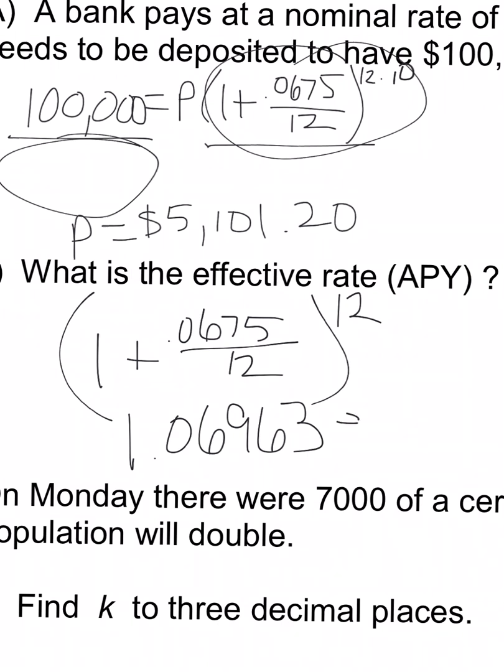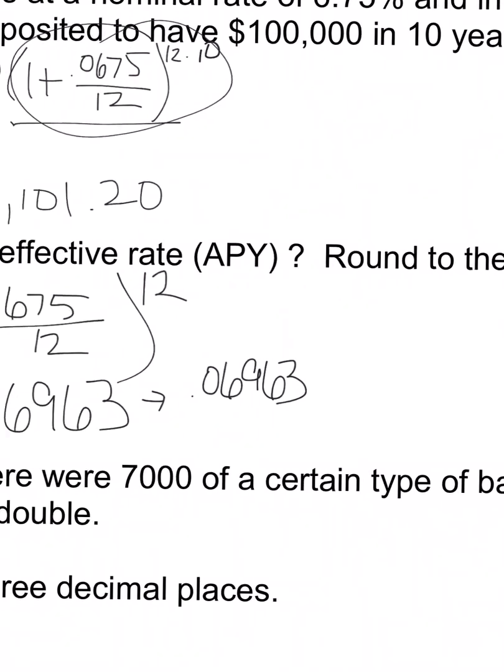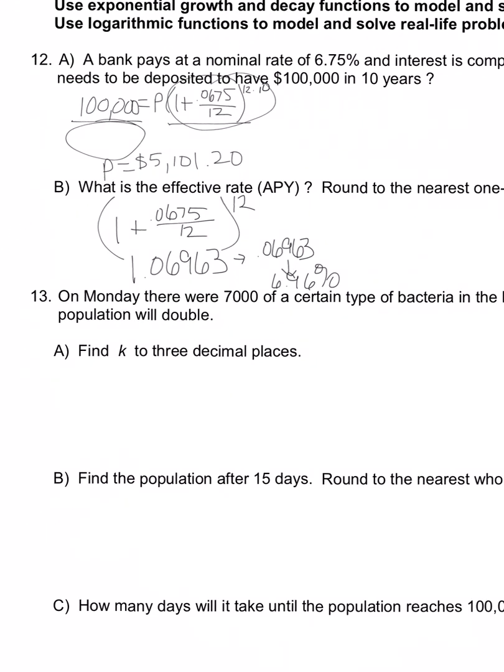Subtract off the 1 to get just the rate, which is 0.06963. And we want to round it to the nearest hundredth of a percent, which would be the third number. So we just drop the 3, since that would round down. 6.96% would be your effective rate.